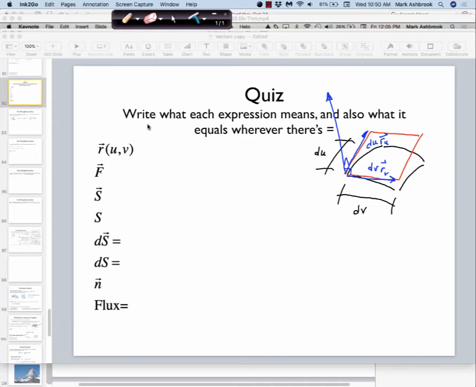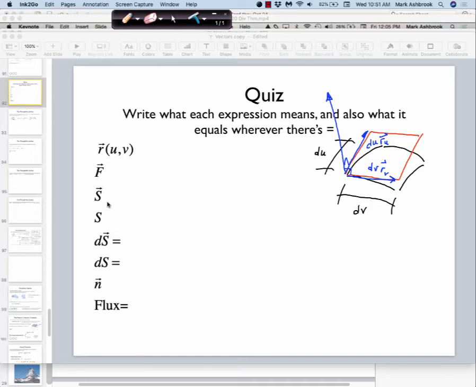What is that? S vector. Yeah, this is generically an area vector. Its magnitude is the area, and the direction of the vector is orthogonal to the element. So this is like a flat element. It gives area and orientation of a flat element, and that could be big or small, just as long as it's flat.